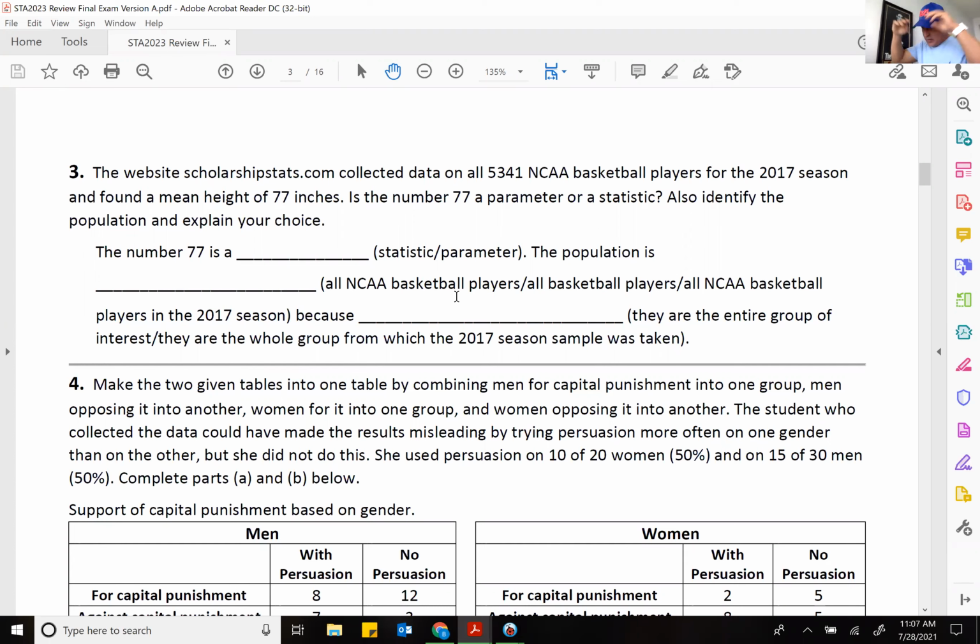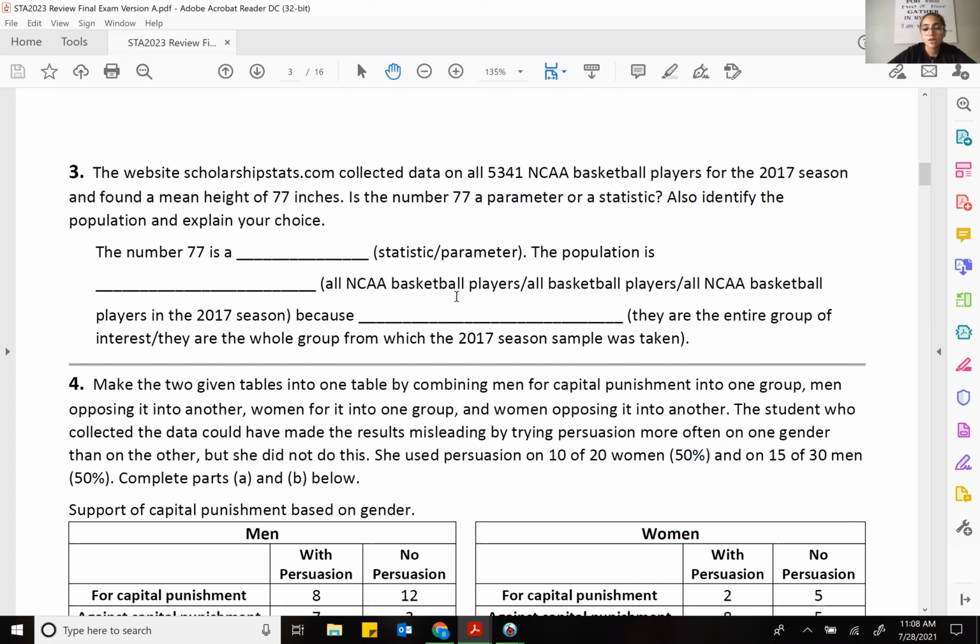And last but not least, because blank. They are the entire group of interest. They are the whole group from which the 2017 sample was taken.